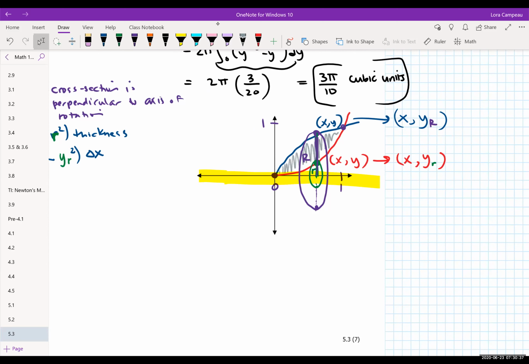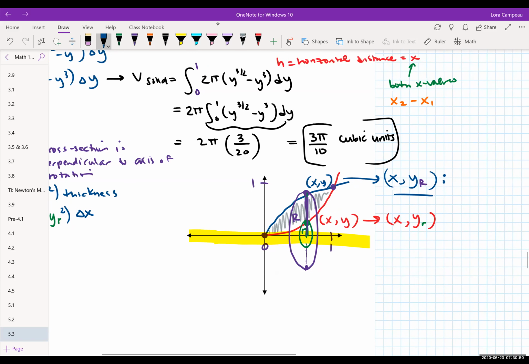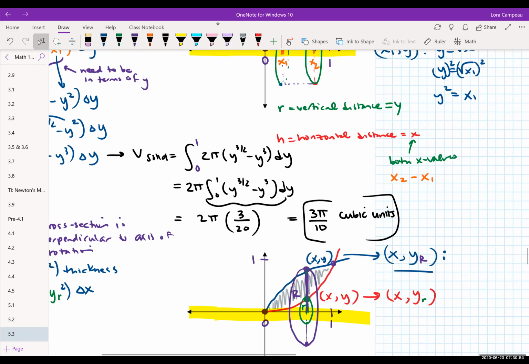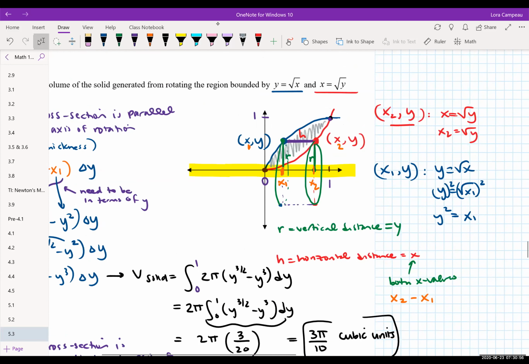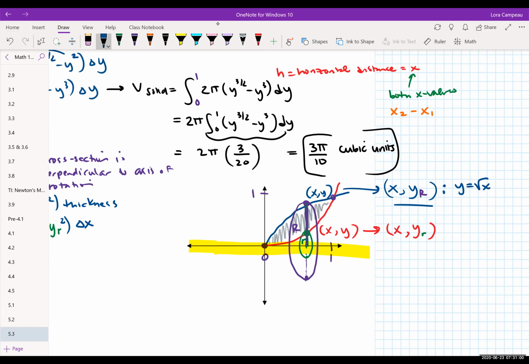I am on my blue curve for x, y sub capital R. That's what I'm analyzing there. So my relating equation for that blue curve is y equals square root of x. That also means that y sub R equals square root of x based on function notation.